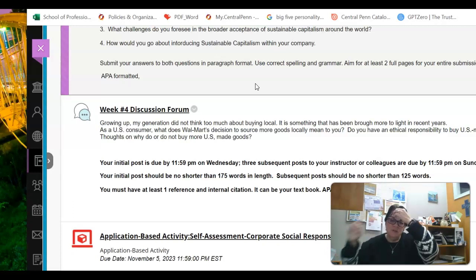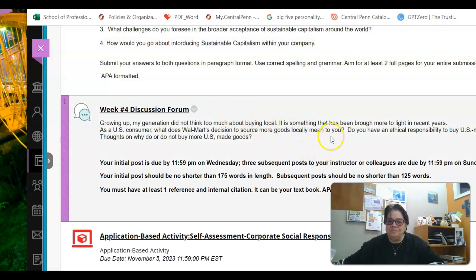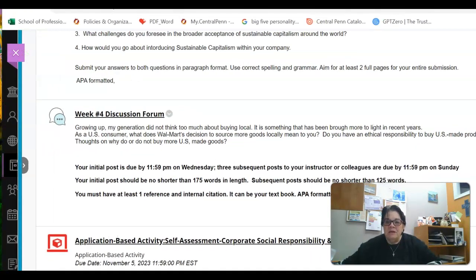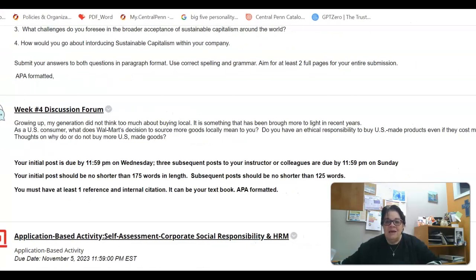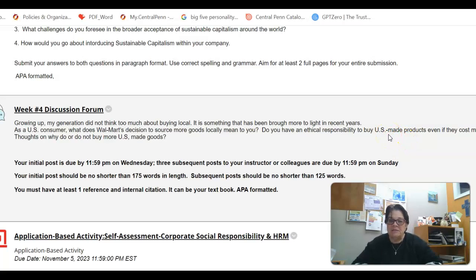So this is definitely a corporate social responsibility topic. Do you have any ethical responsibility to buy U.S. made products? Is it something you think about? Do you ever look at your tags?